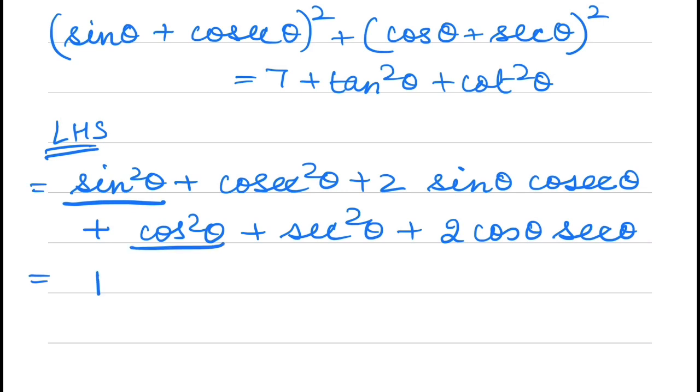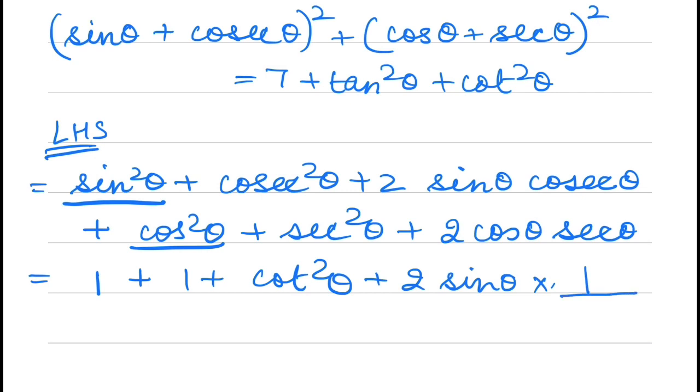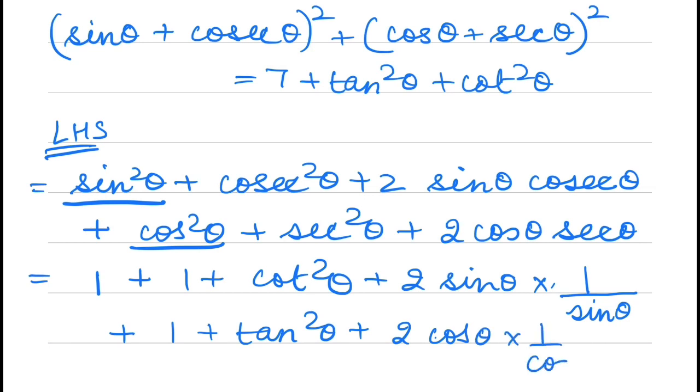This cosec square theta I can write down as 1 plus cot square theta, plus 2 sin theta, and cosec theta I can write down as 1 by sin theta, plus sec square theta I can write down as 1 plus tan square theta, plus 2 into cos theta, and sec theta is 1 by cos theta.